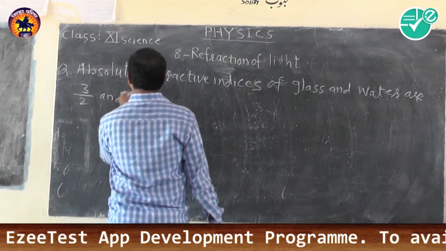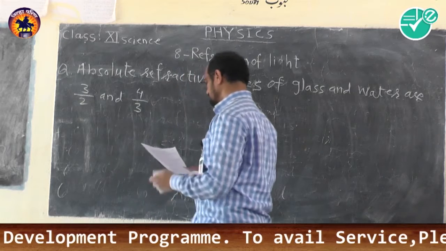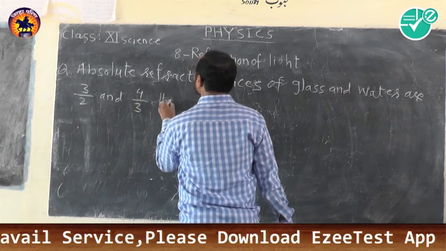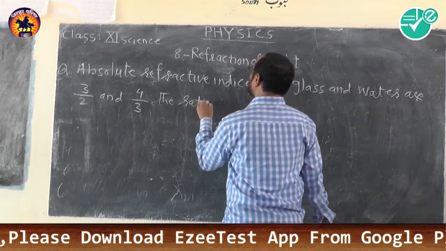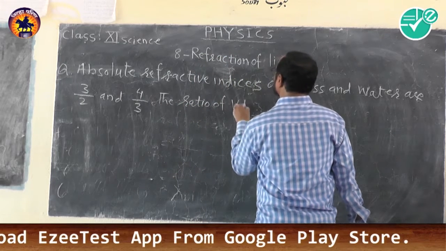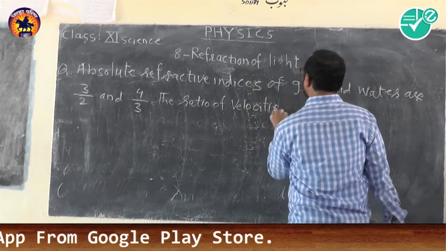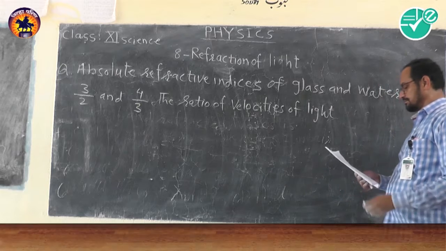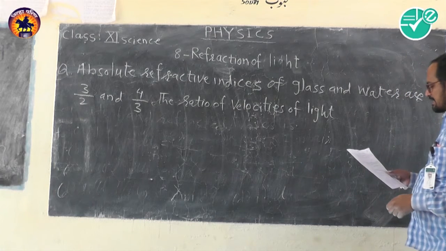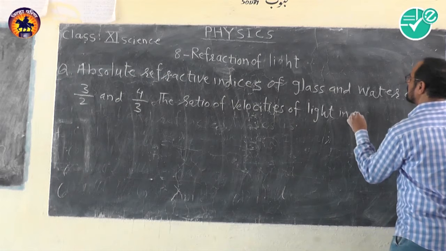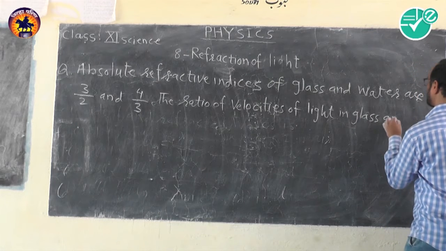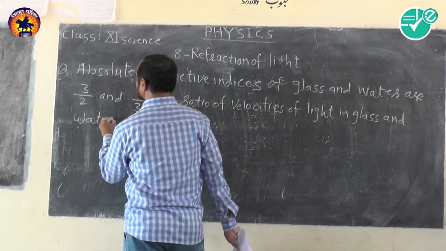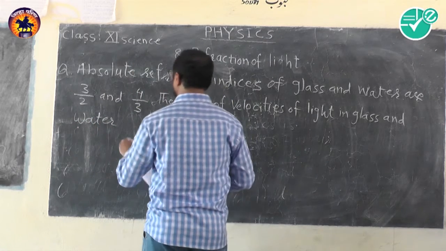The ratio of velocities of light in glass and water will be.